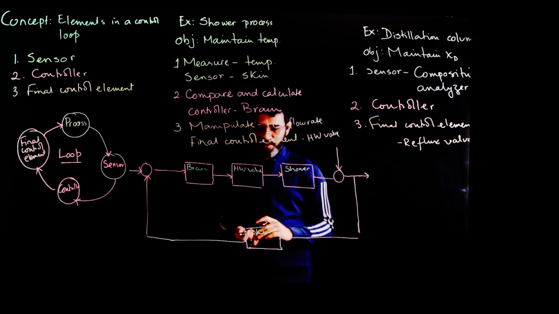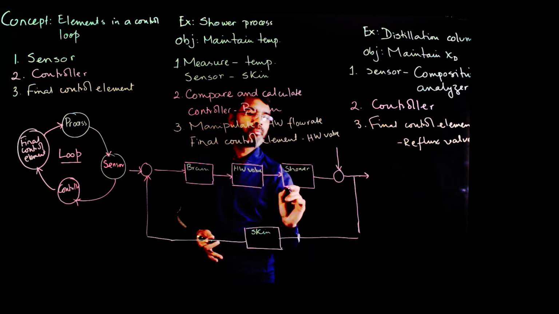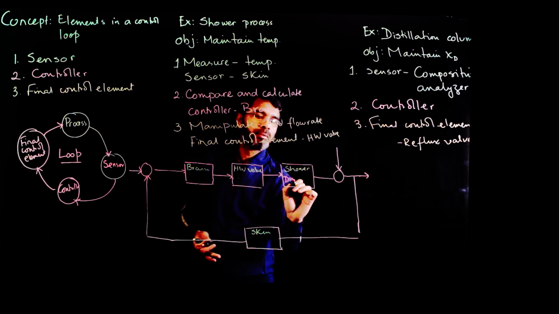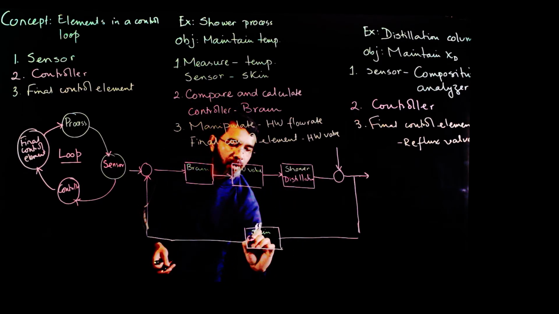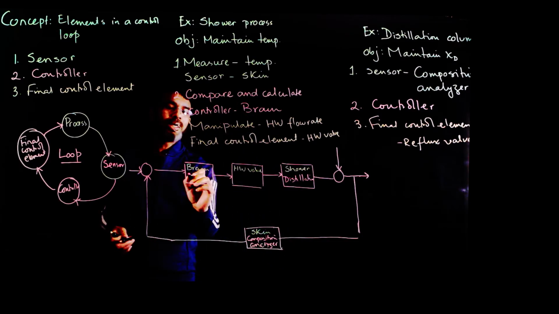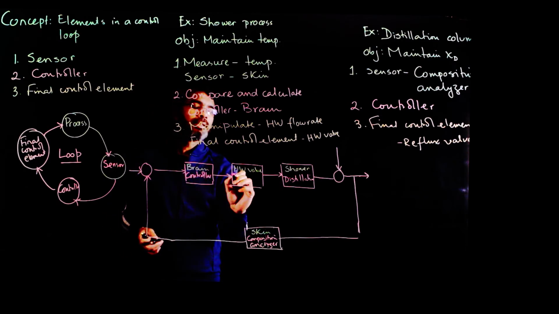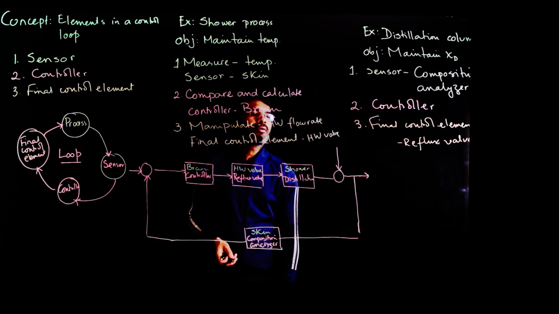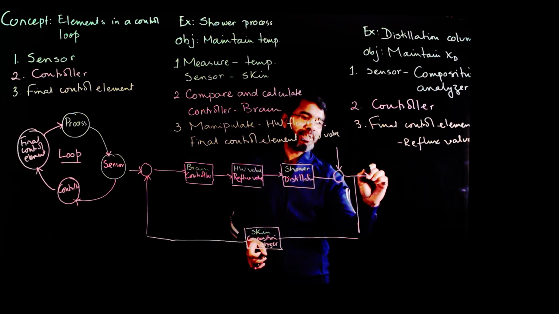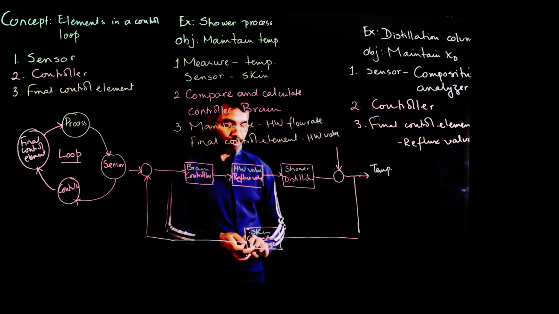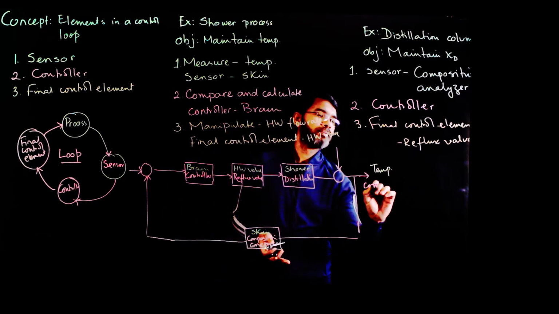So for the distillation problem, what do we have here then? We have the process to be the distillation, the measurement device to be the composition analyzer. Again, the controller is the generic name, and the final control element is the reflux valve. So now, for the shower process, the output is the temperature. For the distillation process, the output is the composition.